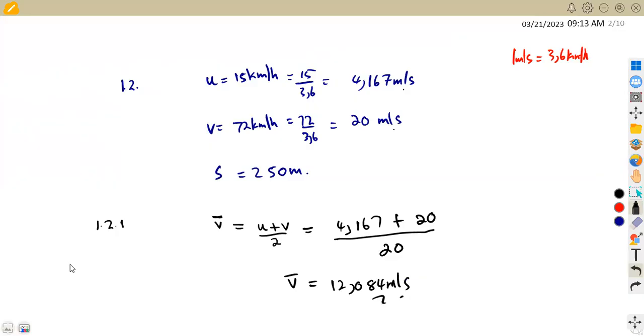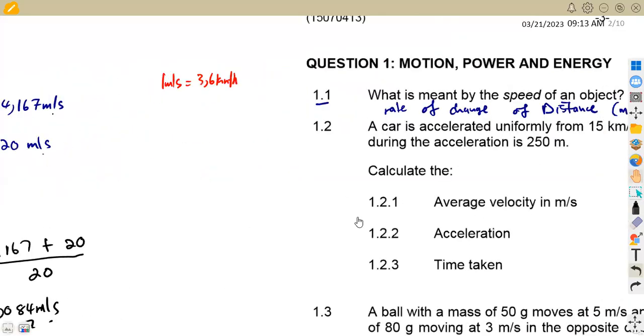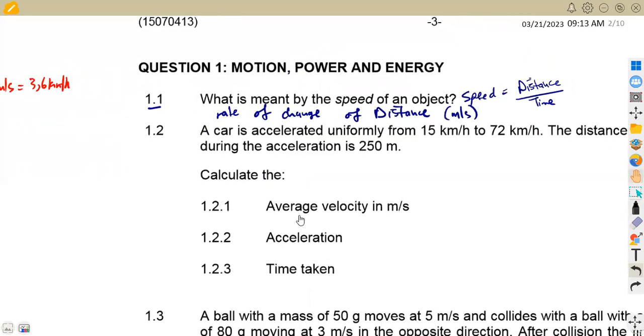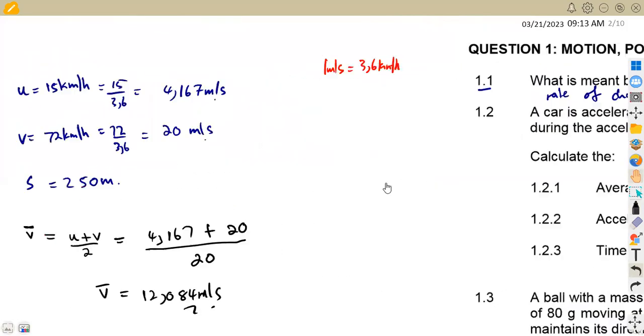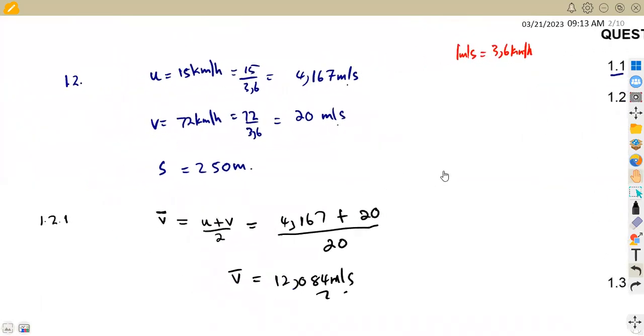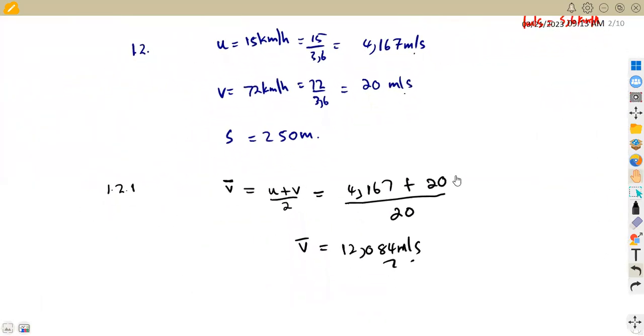It's very important, guys, that you understand your formulas. The other part, we are given to calculate the acceleration during this period. From our formulas for linear motion, let's check which formula is best to use.